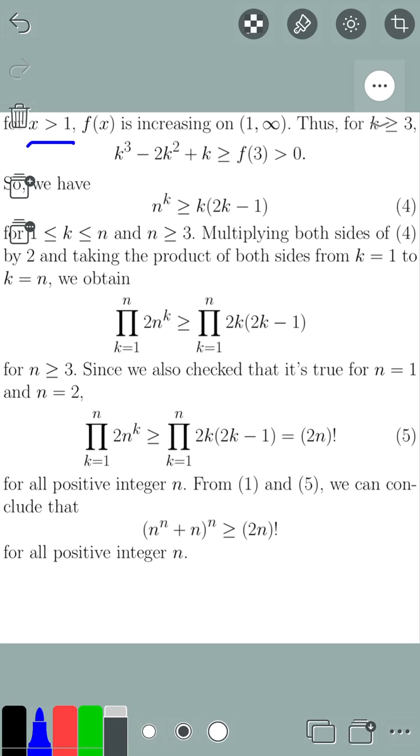You can check that. It's just solving a quadratic polynomial and finding where it's positive or negative.